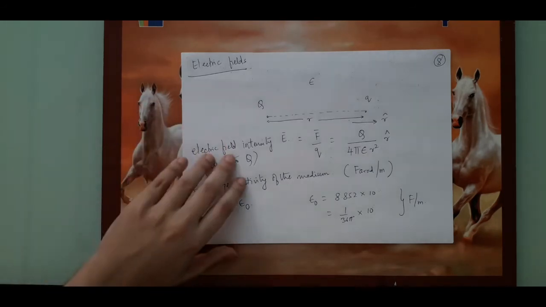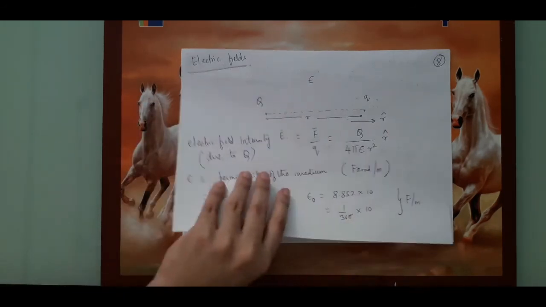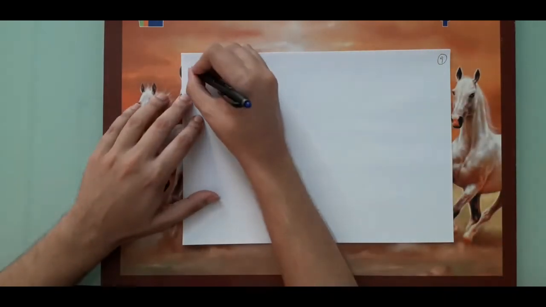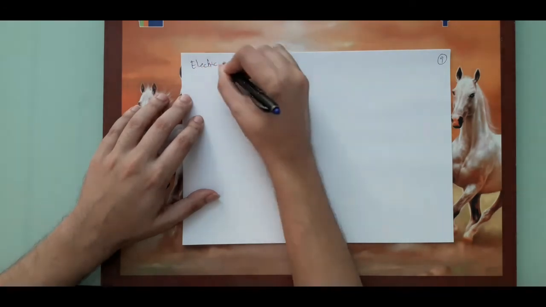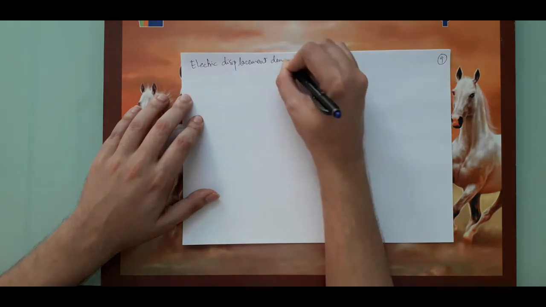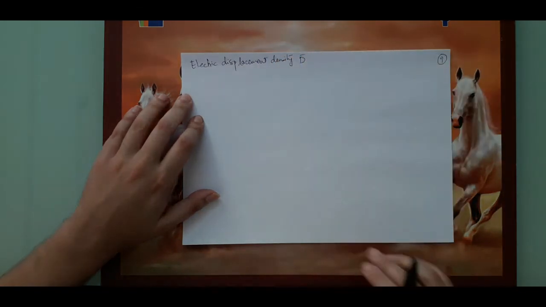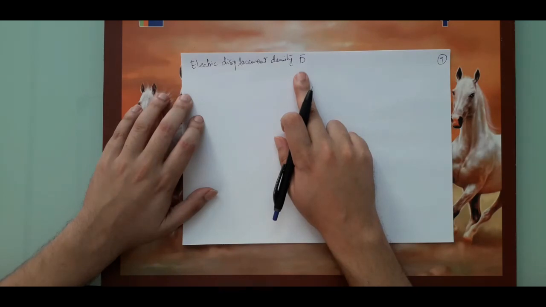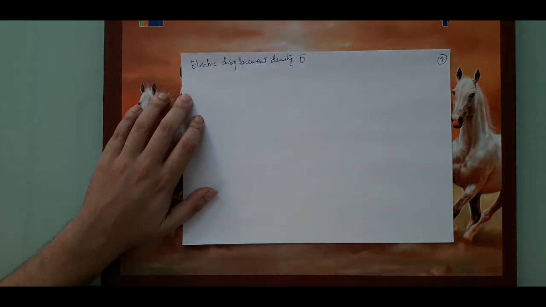So we define one more quantity, which is called the electric displacement density, or the vector D, which indicates something very similar to the electric field but irrespective of the medium. Electric displacement density is indicative of the electric field strength but irrespective of the medium.